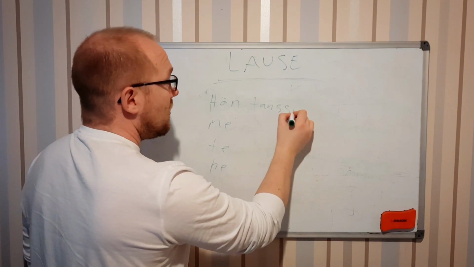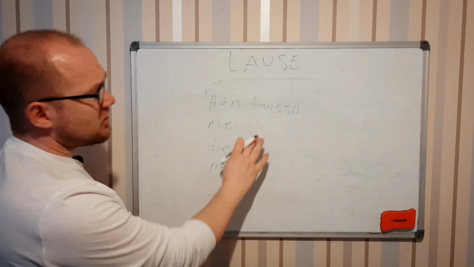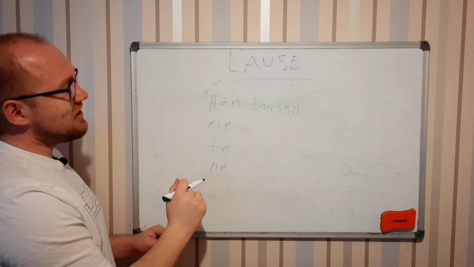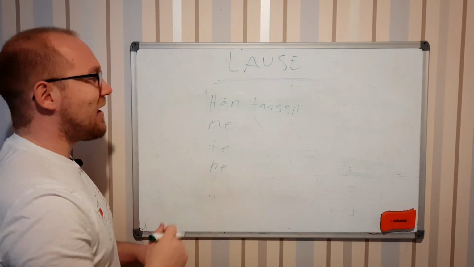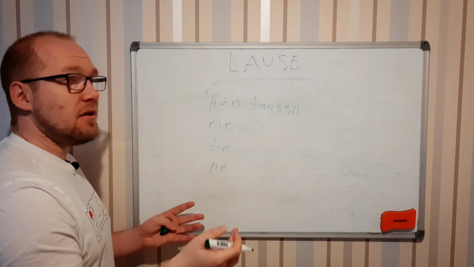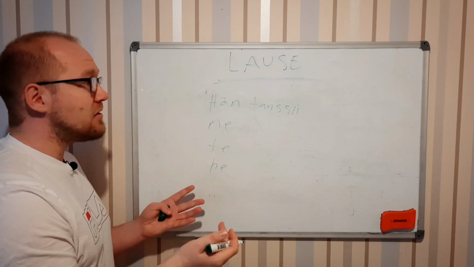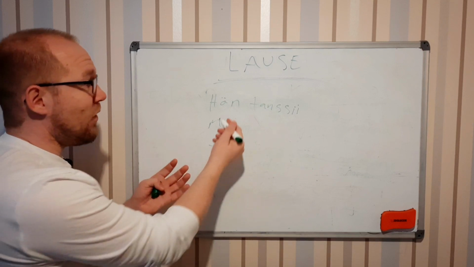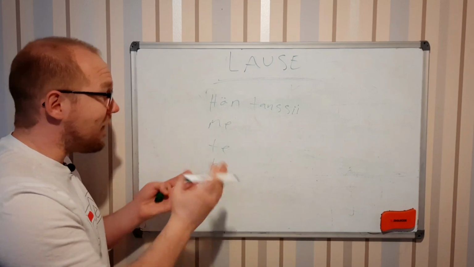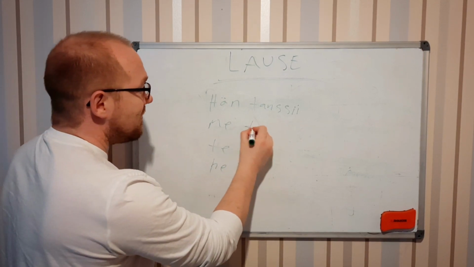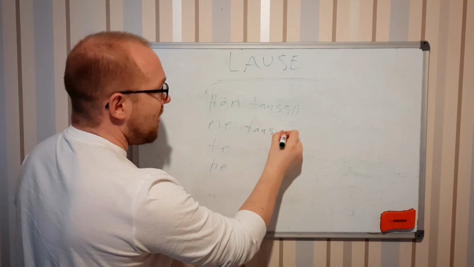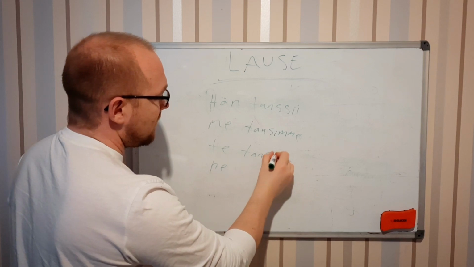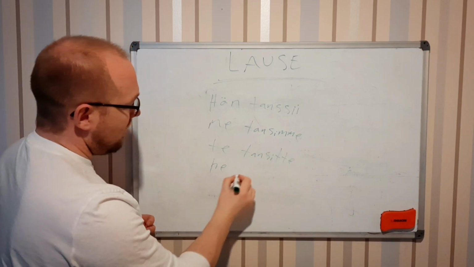Hän tanssii. Tanssii. Okay, hän tanssii. Finnish sometimes seems to be a little bit weird. Okay, hän tanssii. That's just one thing. You can say hän tanssii. Okay. Me tanssimme. Te tanssitte. He tanssivat.